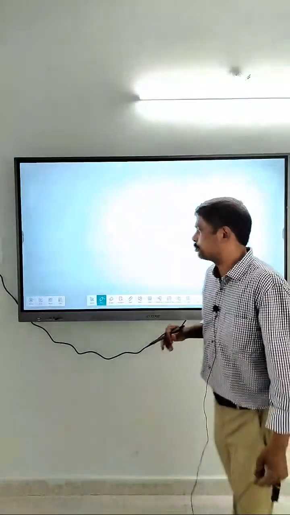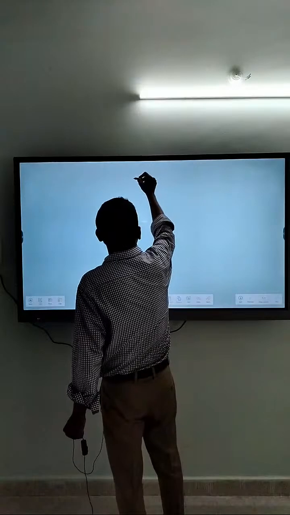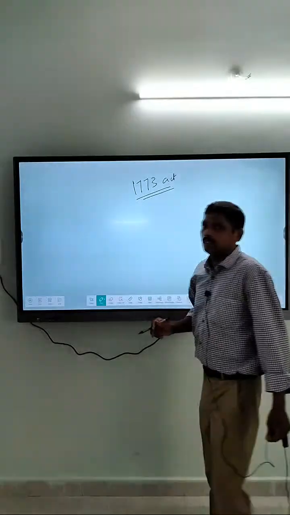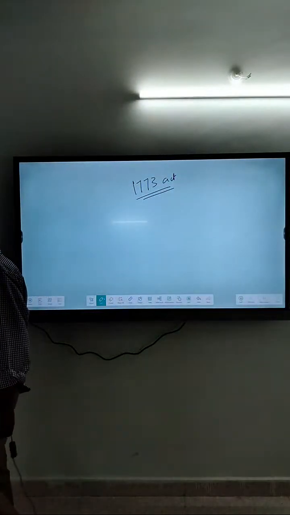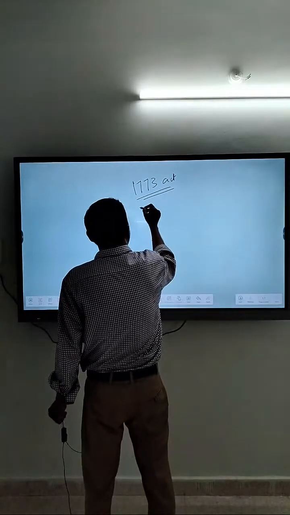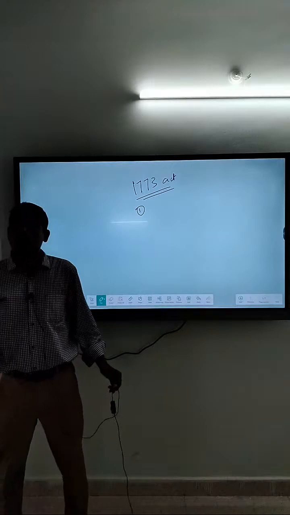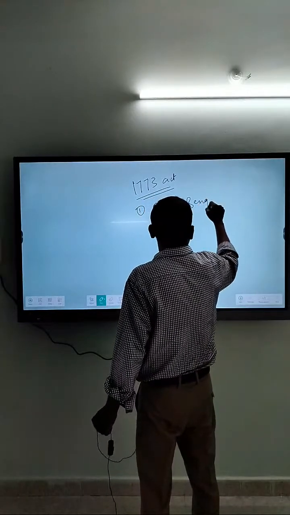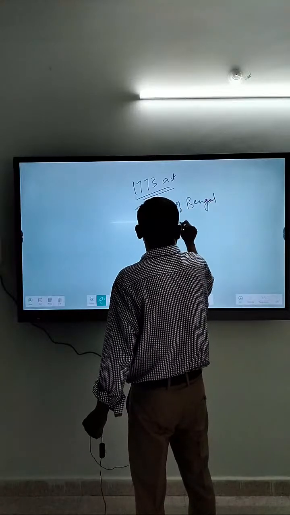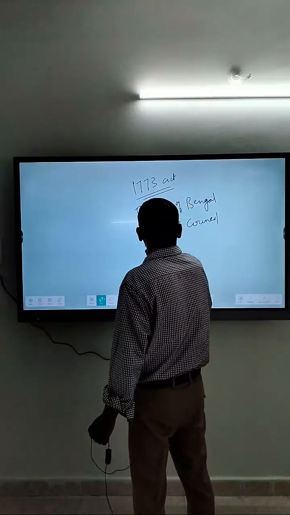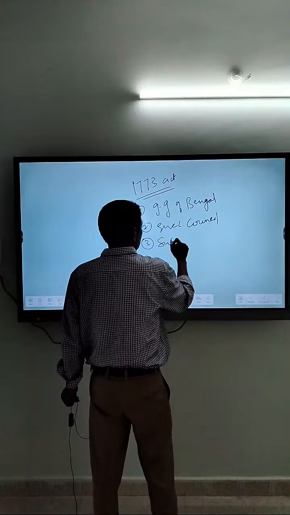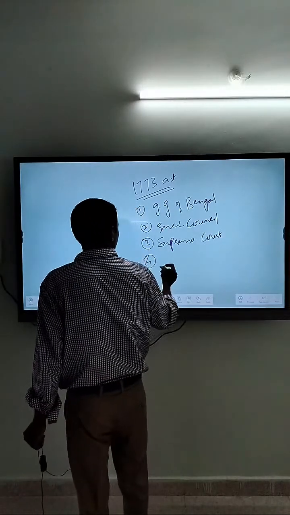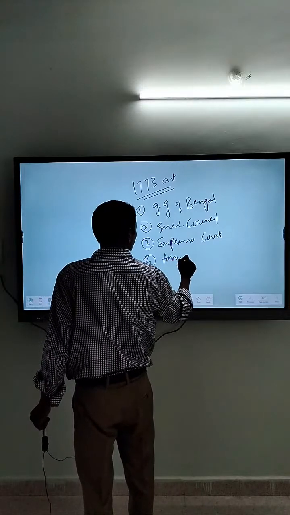So previously what we have discussed is, alright, I think we are talking about 1773 Act, which has created the institutions of Governor General of Bengal, the Executive Council, Supreme Court, then providing of annual report.